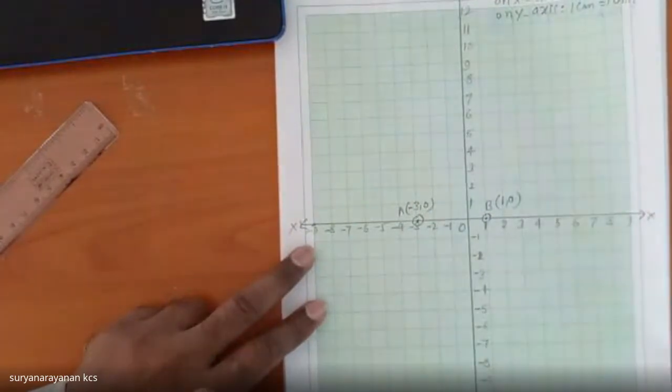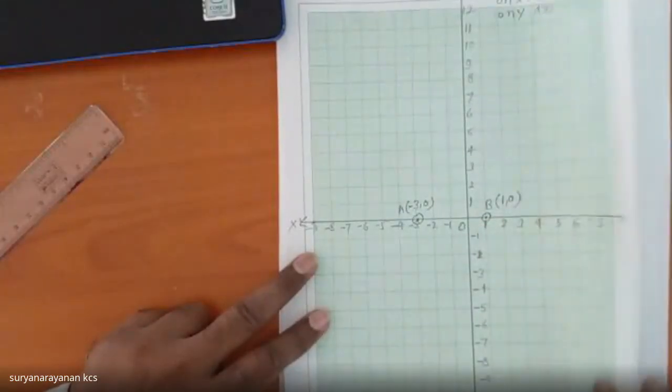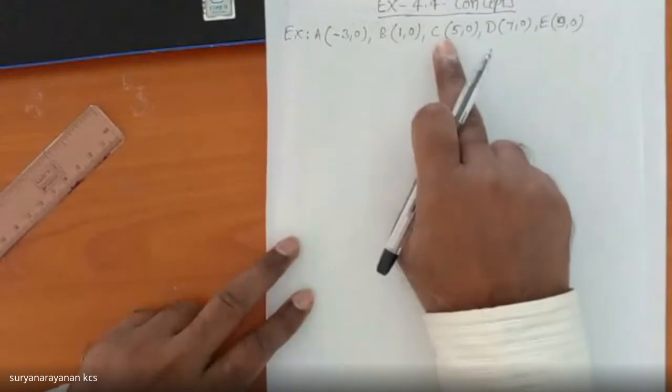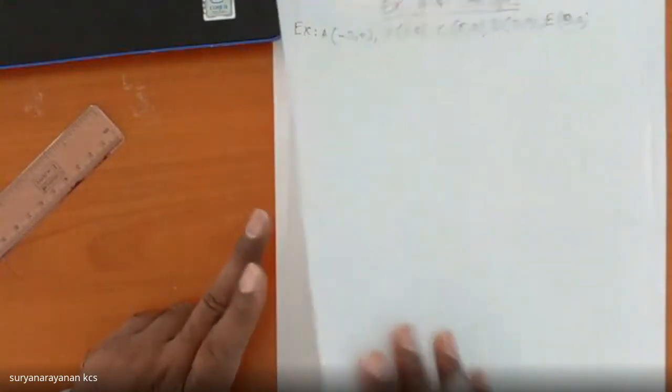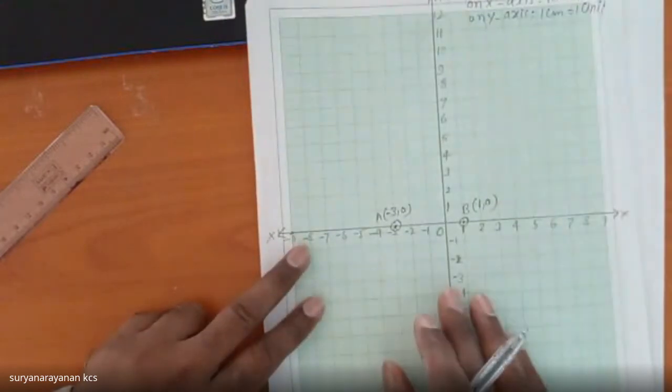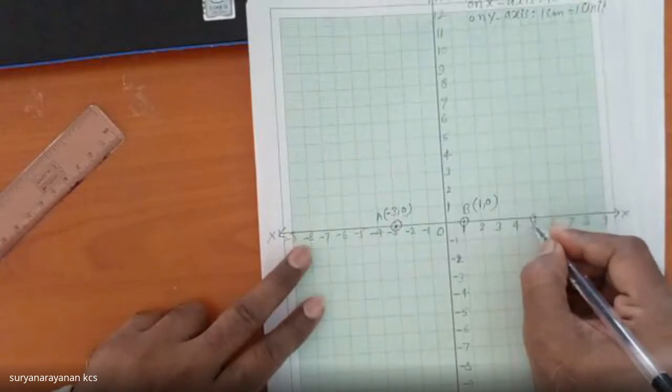Where does the point B lie? On the positive x-axis. It lies on the positive x-axis. Very good. C point, ordered pair 5 comma 0. Let us plot this point also. So here 5 comma 0.